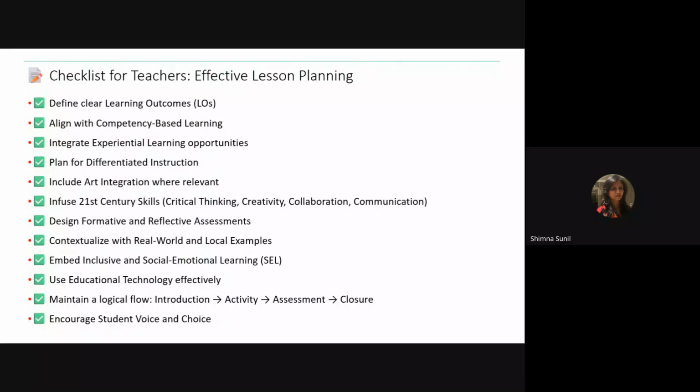So these are the basic things that we follow in a lesson plan, the basic framework. But when we are writing a lesson plan, what are the things that we keep in mind? So let us have a checklist for it, which always helps. I will read it aloud for you so that you are able to get hold of it, and I want you all to tell me which are the top 3.